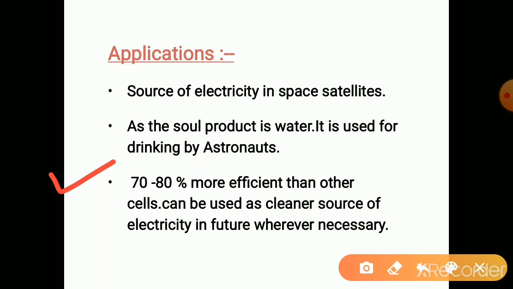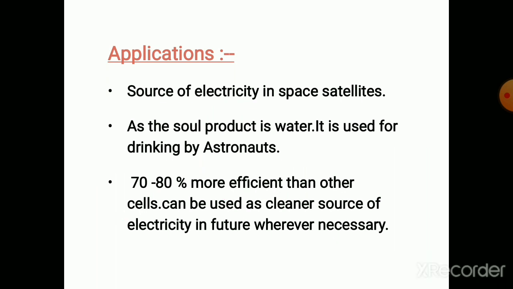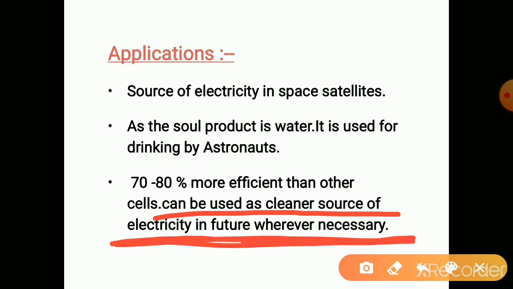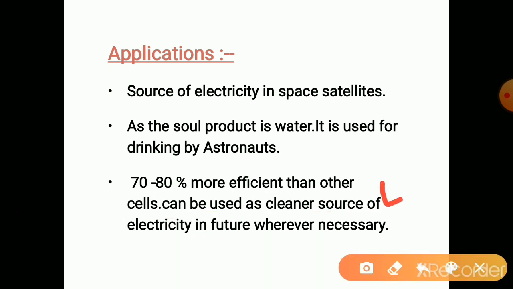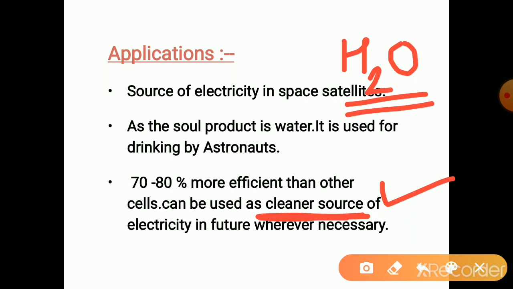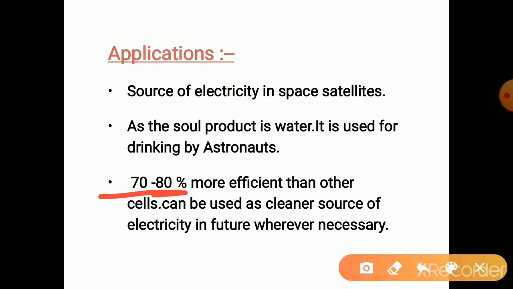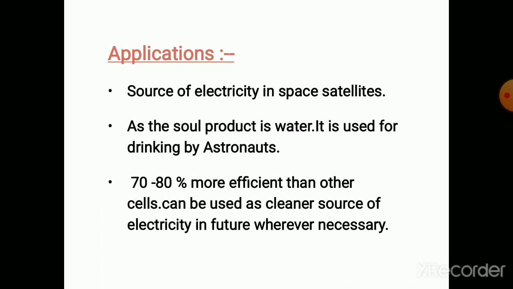It is 70 to 80% more efficient than other cells and can be used as a cleaner source of electricity in the future wherever necessary, because the product is only water. So it is non-pollutant. This is about the applications.